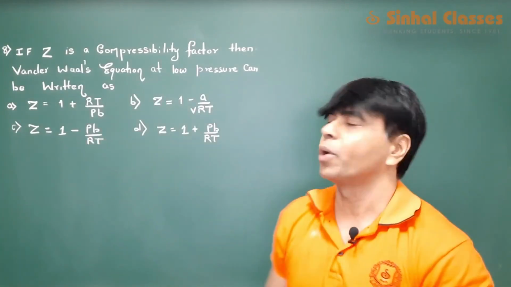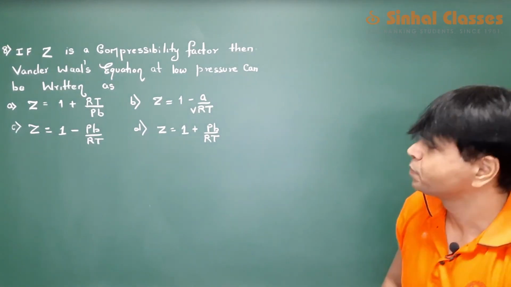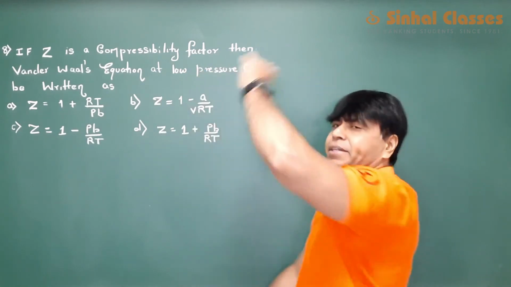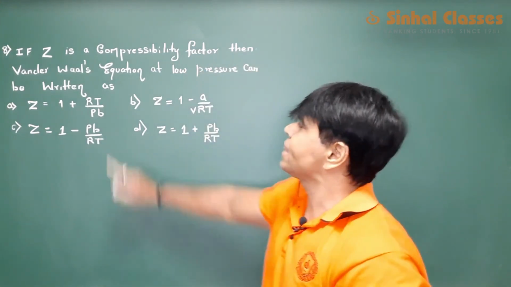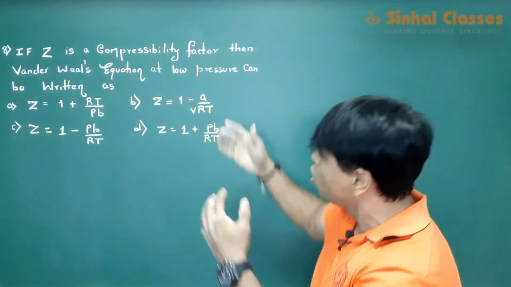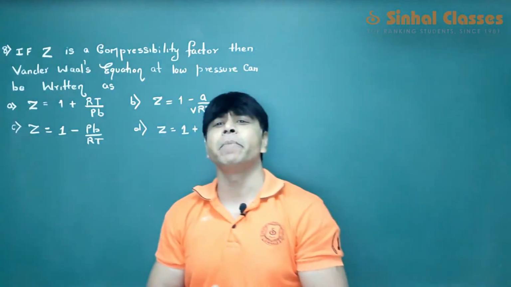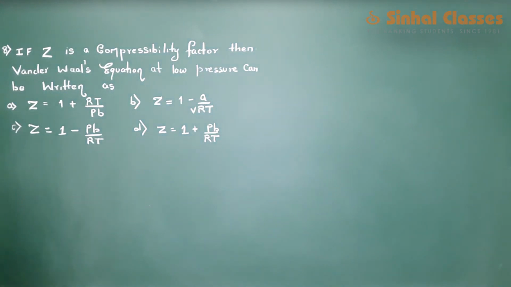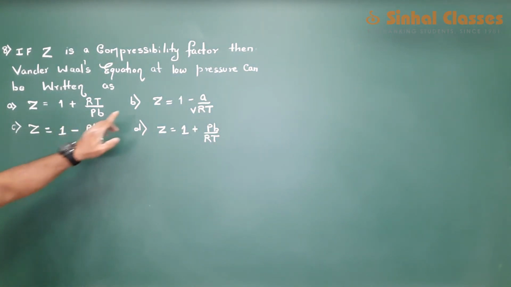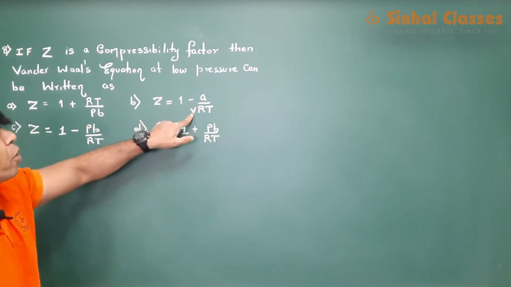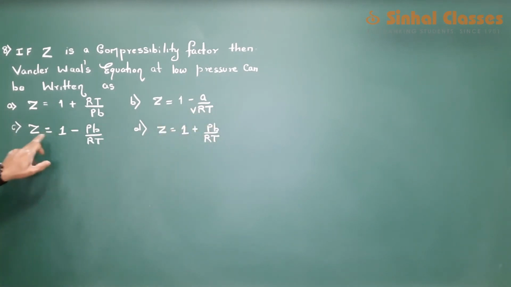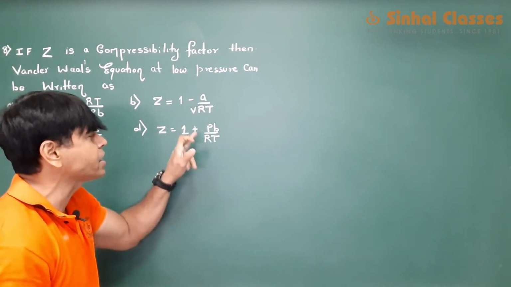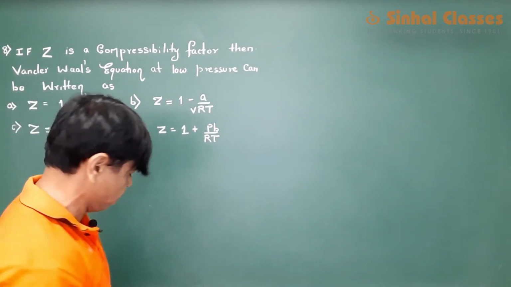Okay student, a very important question now. If Z is the compressibility factor, then the van der Waals equation at low pressure can be written as: Z is equal to 1 plus RT by PV, Z is equal to 1 minus A upon VRT, Z is equal to 1 minus PV upon RT, or Z is equal to 1 plus PV upon RT.